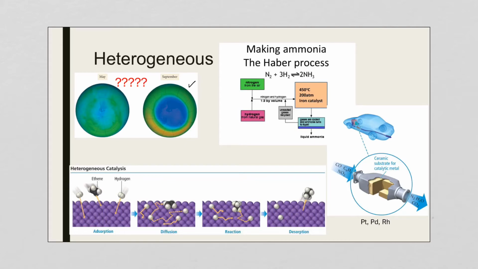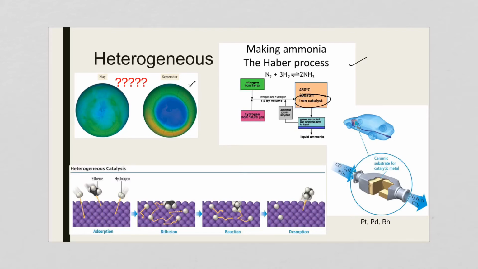Other common examples or places where we see heterogeneous catalysis is in industry, right? A lot of industrial processes that we've heard of operate by a catalyst. So, for example, the Haber process to make ammonia operates with a heterogeneous iron catalyst. So that's to speed up the reaction.